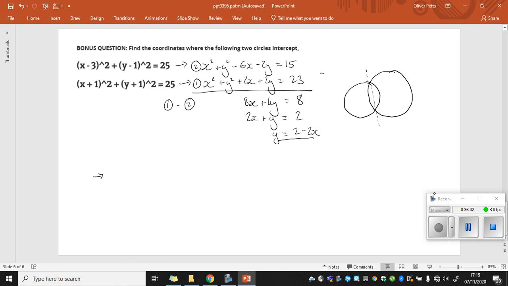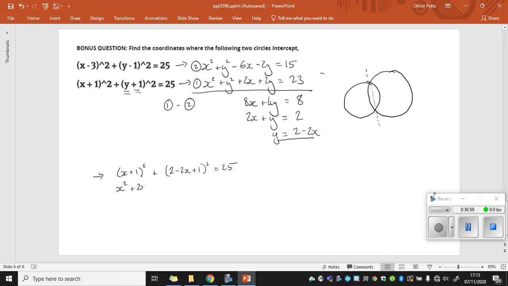It starts with (x plus 1) all squared plus, in the second brackets, instead of y, I'm going to put 2 minus 2x. I've then got a plus 1 that comes afterwards, and then squared equals 25. What I have now is an equation just in terms of x. If I can solve this, I can find the x values of the two intersection points. So let's have a go at doing that.